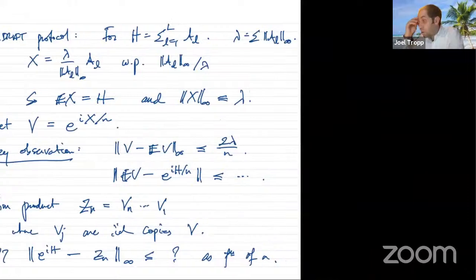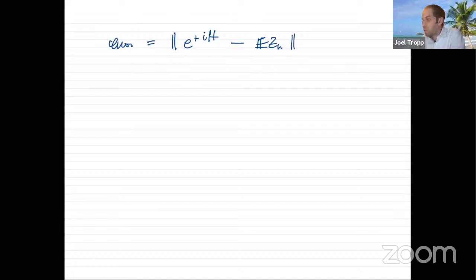So let me just say a few more words about this to make the connection between what we were doing before. So the error in the approximation has two pieces. It's the difference between the unitary matrix given by the true Hamiltonian and the expectation of the product, which is given by this randomized algorithm, plus the expectation of the product minus the product itself in the Schatten infinity norm.